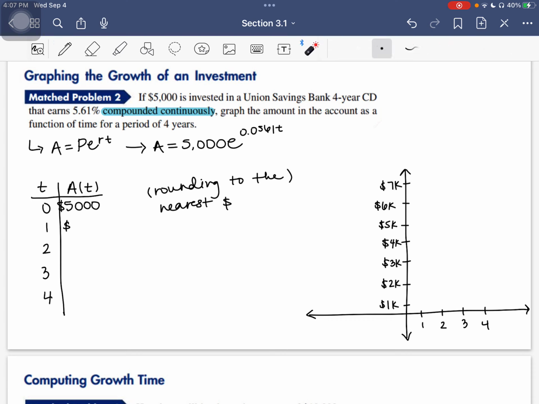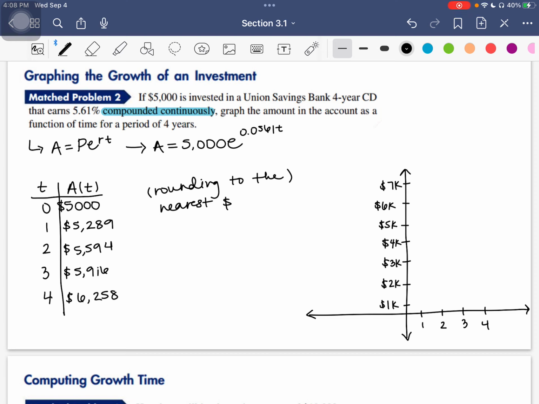So plugging 1 in for t here, we get $5,289. Plugging 2 in for t, we get $5,594. Plugging in 3, we get $5,916. And then plugging in 4, we get $6,258.